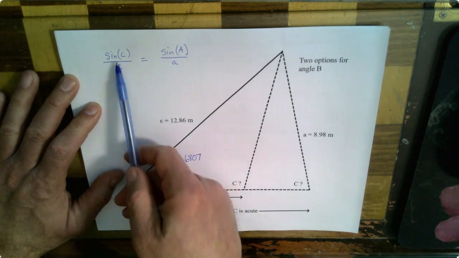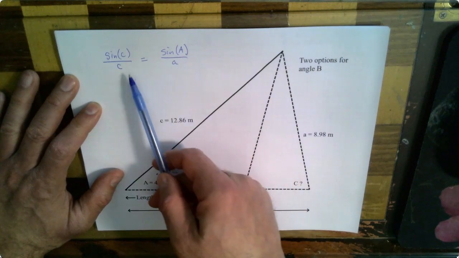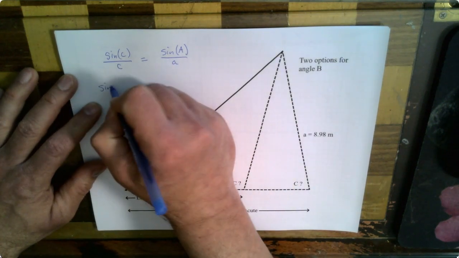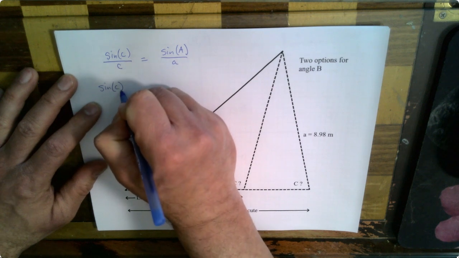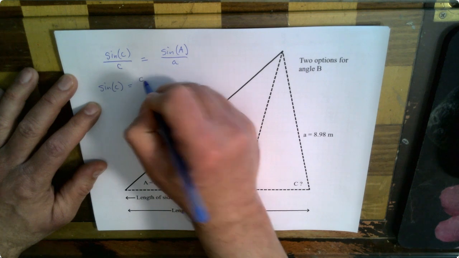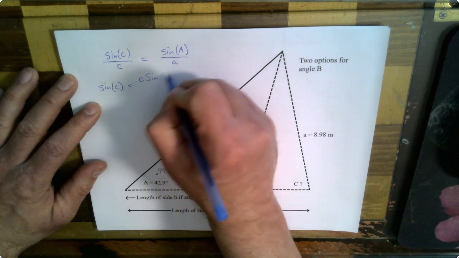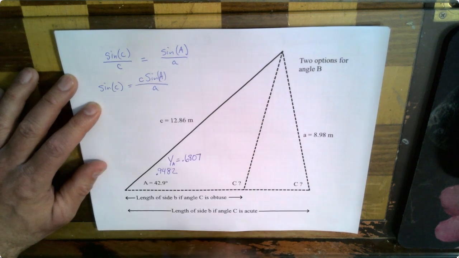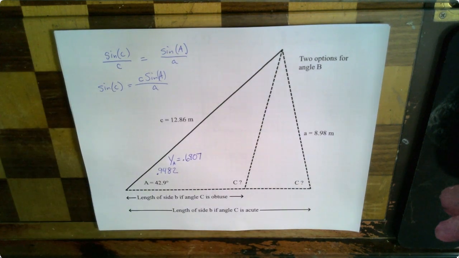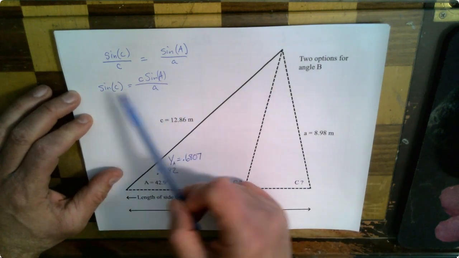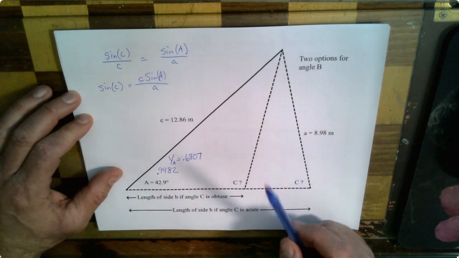Then you would multiply both sides of this fraction by side C, and you would get this. The sine ratio of angle C is going to be equal to side C times the sine ratio of angle A over side A. And we do this exact same thing in quaterns using the analog sine function in quaterns.